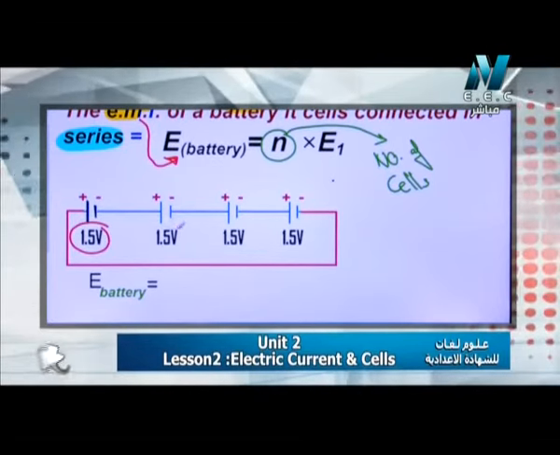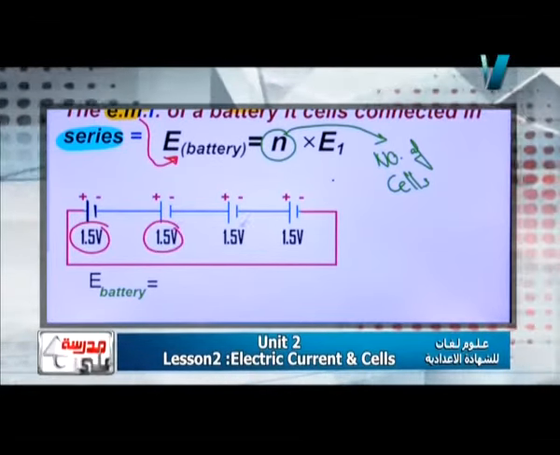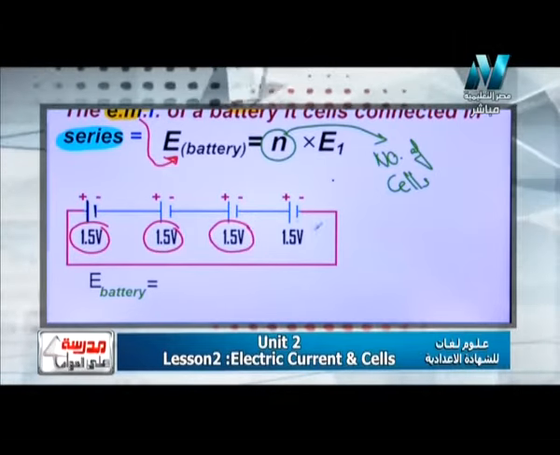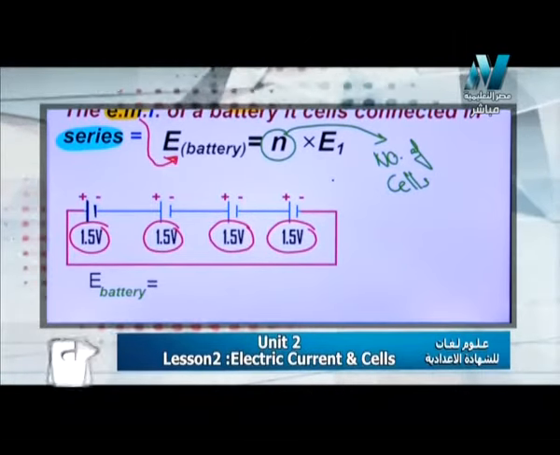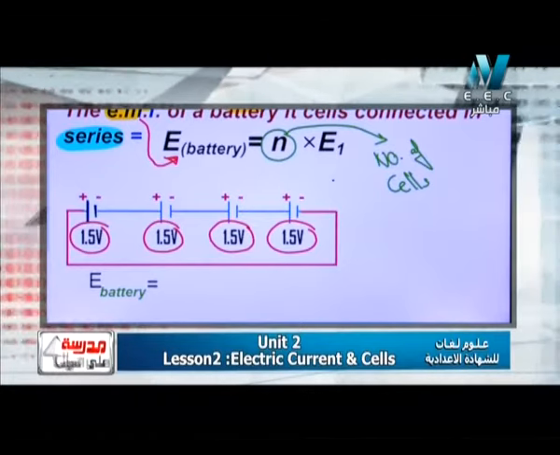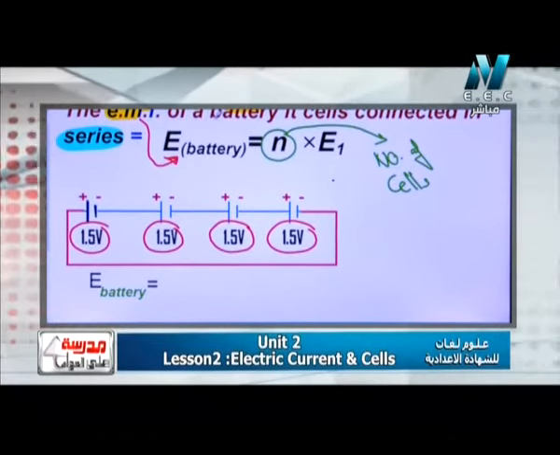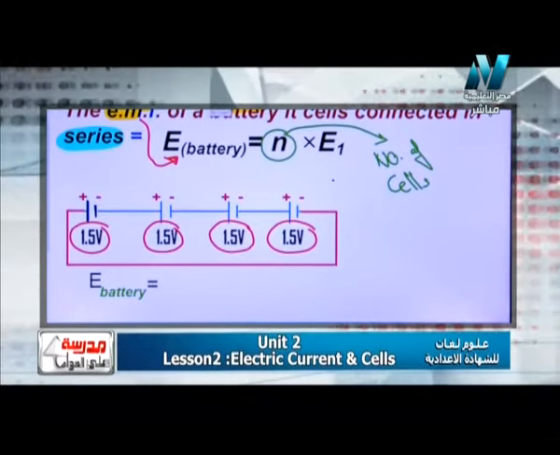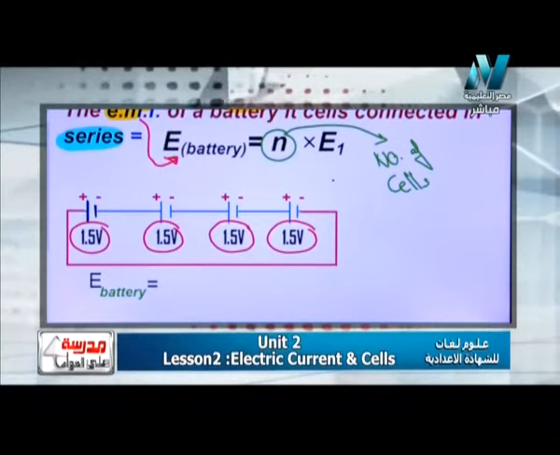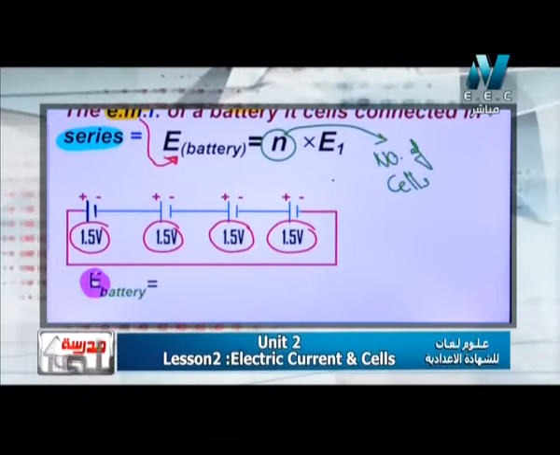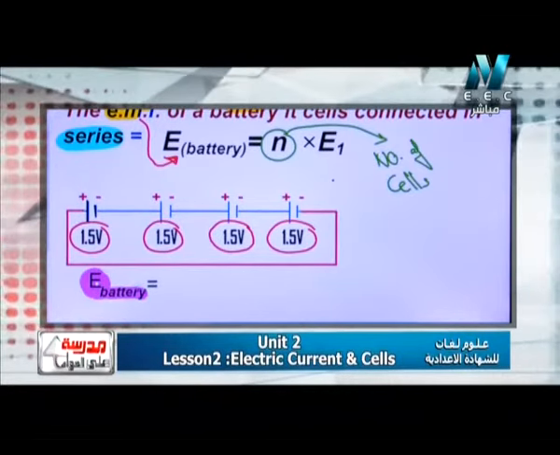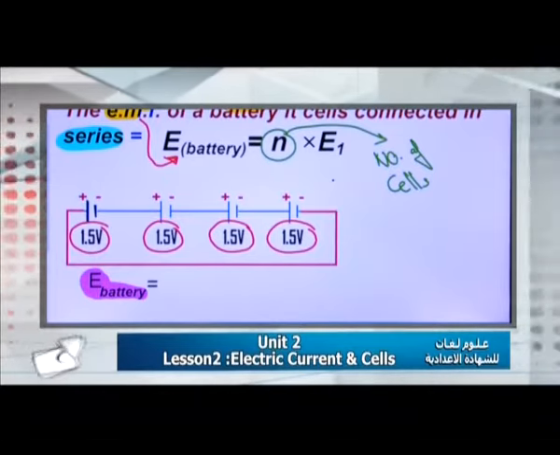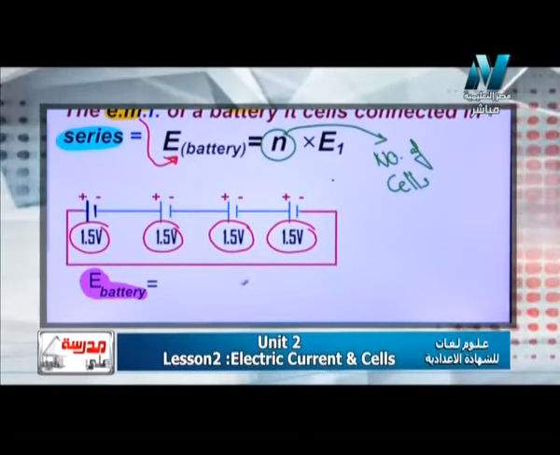We have 4 electric cells. So how can we calculate the E of the battery? E1 times the number.